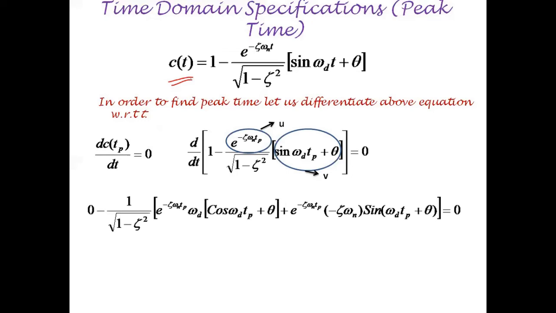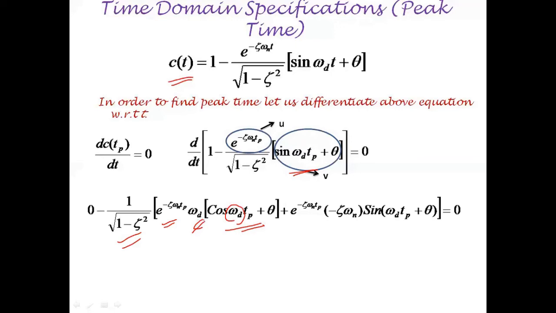If you differentiate, I can take 1 by square root of 1 minus zeta square as common. Now u I have written here, e to the power minus zeta omega n tp, and dv I am going to differentiate: sine of omega d tp plus theta, whose differentiation is cos of omega d tp plus theta multiplied by omega d.